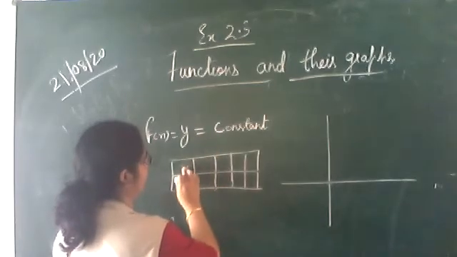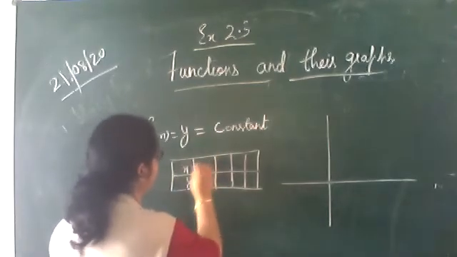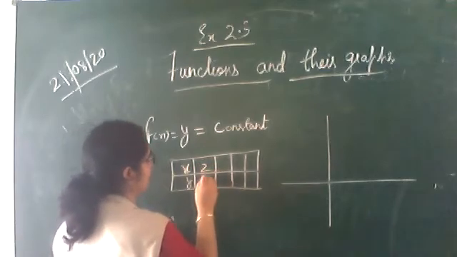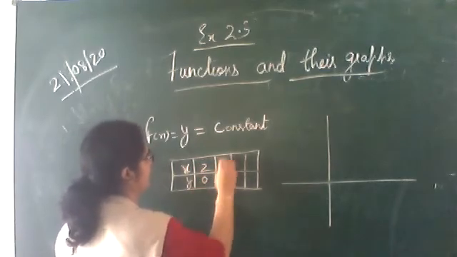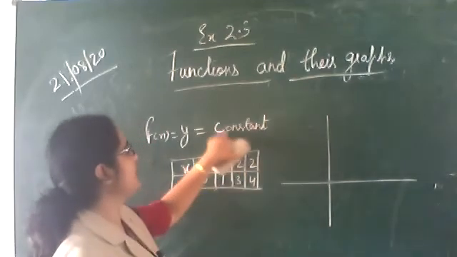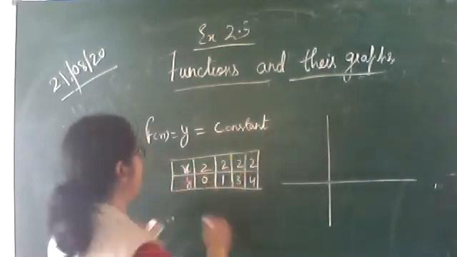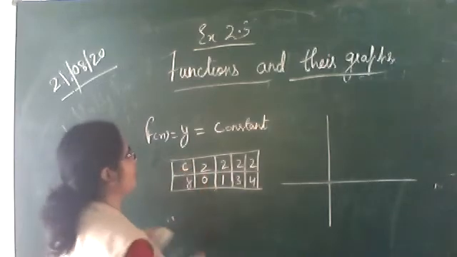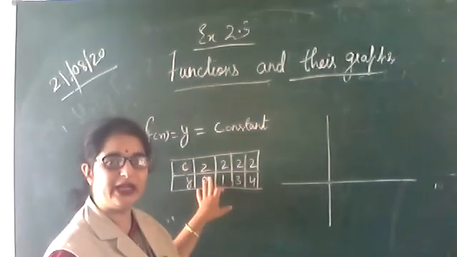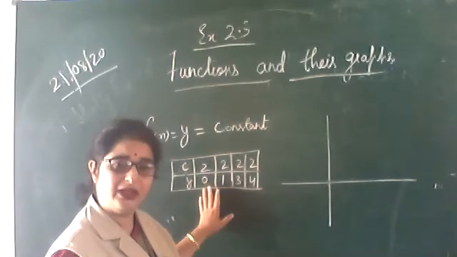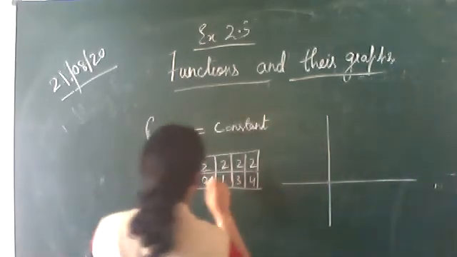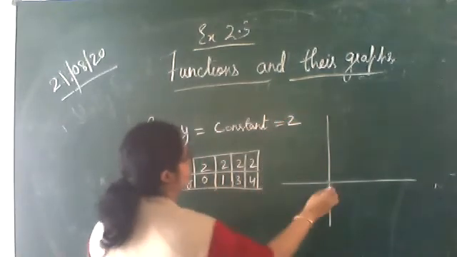We don't have x here, we are having a constant value. Constant means suppose 2. So y is equal to 0, 2; y is equal to 1, 2; y is equal to 3, 2; y is equal to 4, 2. Everywhere this is the value of x generally, but here we don't have a variable value of x. For every value of y, we are getting a constant value. So suppose this is your function, y is equal to 2.